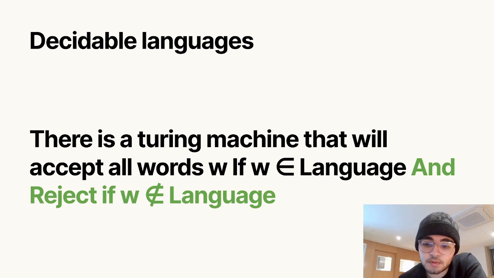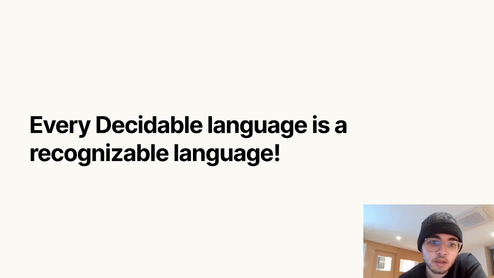This has some important implication: if a language is recognizable and co-recognizable, meaning the opposite of the language is also recognizable, then we have a decidable language. So every decidable language is also recognizable.